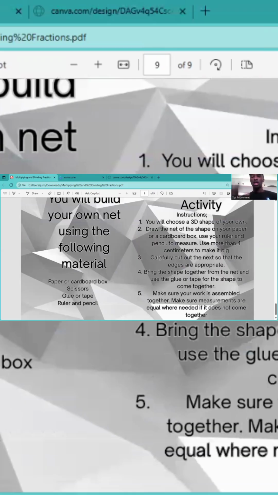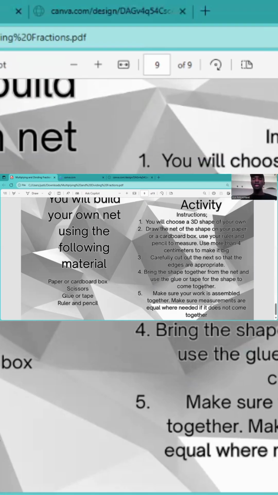Carefully, and the next instruction after you have drawn everything, carefully cut the net so that the edges are appropriate. Make sure that they are according to measure, because that's why we said that you have to use your ruler and your pencil. Bring the shape together from the net and use glue or tape for the shape to come together.